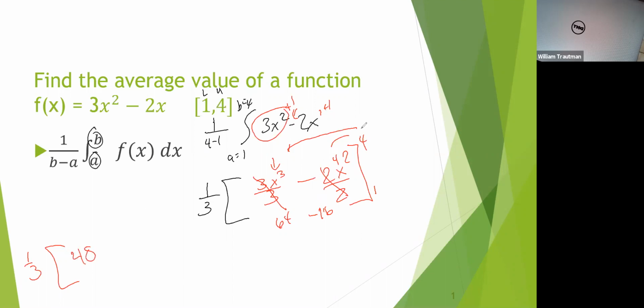So when I plug 4 in, I get 48. Now let's plug 1 in. 1 to the third is 1, minus 1 squared is 1, get 0. So it's 48 minus 0 is 48. And 1/3 of 48, 48 divided by 3, is 16.